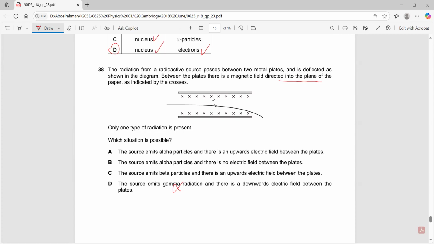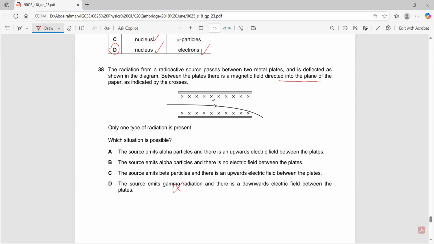If you have the magnetic field into the paper, you'll use either Fleming's left-hand rule or Fleming's right-hand rule. I do not know which. If I start off using Fleming's left-hand rule to find if it's alpha or not, it's into the page, so first finger is into the page. Second finger is pointing to the right.